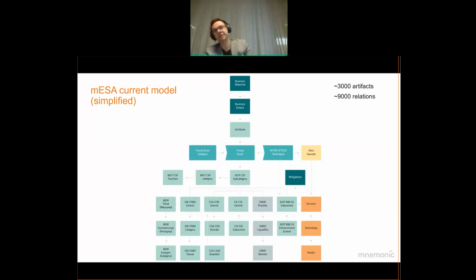So what we have done is that those threat events that have associated threat actors are mapped to different MITRE techniques. We use MITRE, the MITRE ATT&CK framework, to say, okay, this threat event here could use, the threat actors use different techniques there.